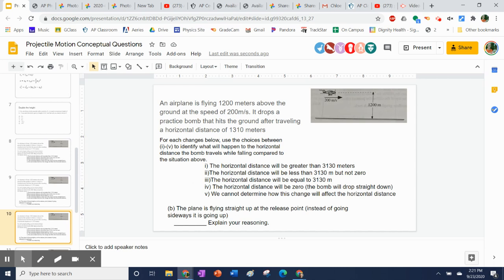Cool. Yeah, good. All right, so you've got, if the mass of the bomb is increased, it will hit the ground the same if there is no resistance. There would be no change, feather and bowling ball in a vacuum experiment. Good. If the mass of the bomb is increased, then the distance will remain the same because the weight of the object will not change the time that it takes to fall.